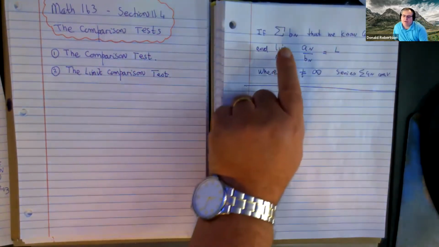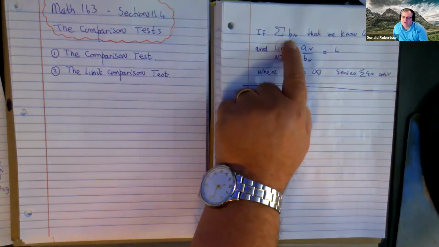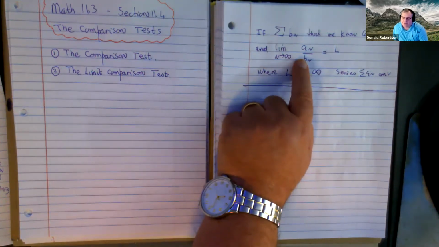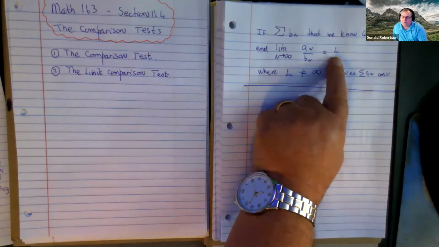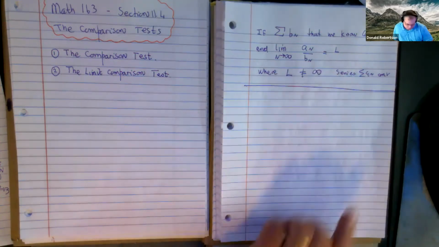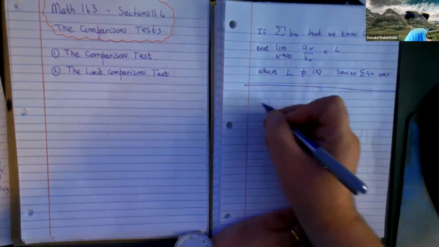So if you can find a sigma Bn that converges, and the limit of this fraction is a number that's not infinity, then we know that your original will converge.